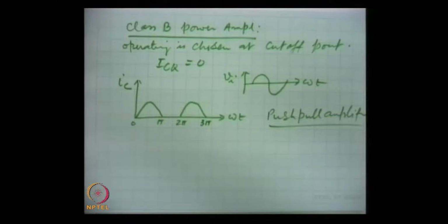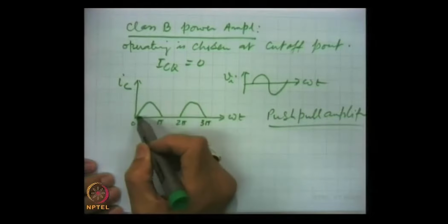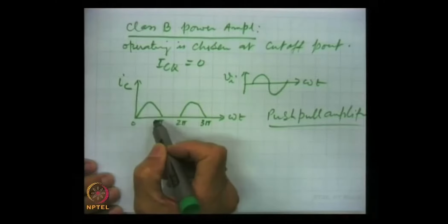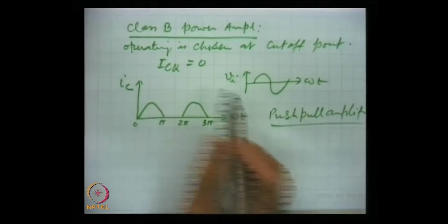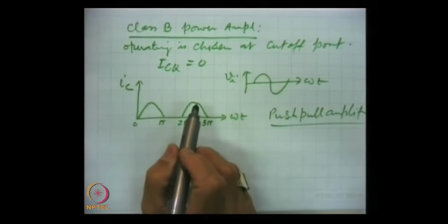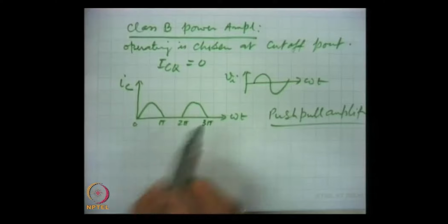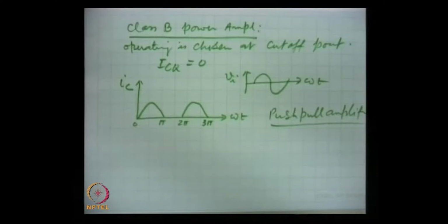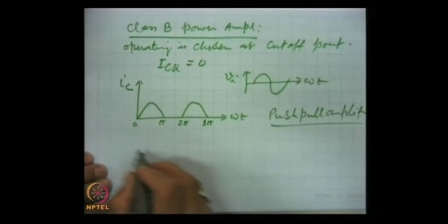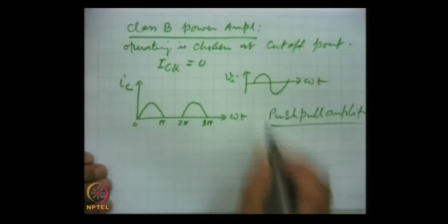So, the upper half is available from one of the transistors and the lower half will be available from the other transistor. That way the output finally will be the complete wave.